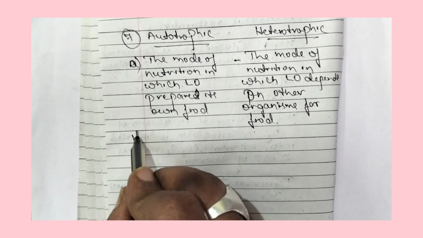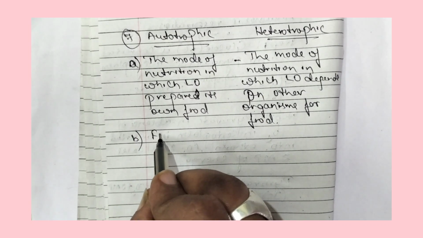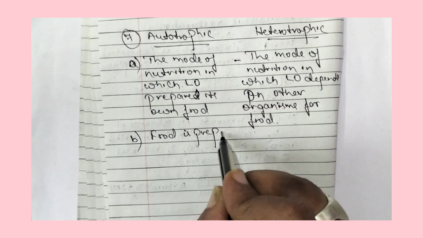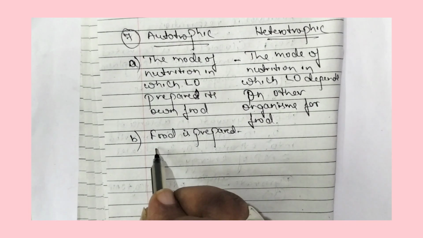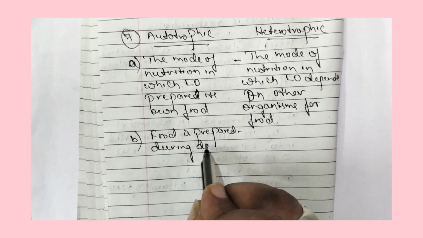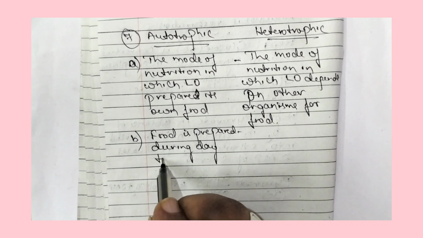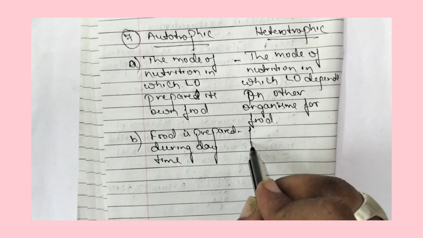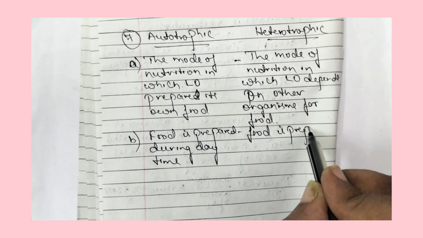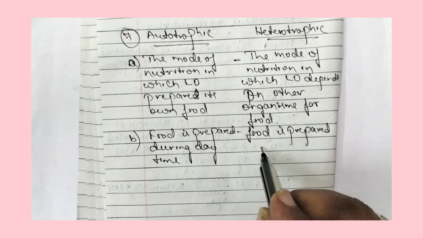Then the second one: in autotrophic nutrition, food is prepared during daytime. In heterotrophic nutrition, food is prepared all the time.